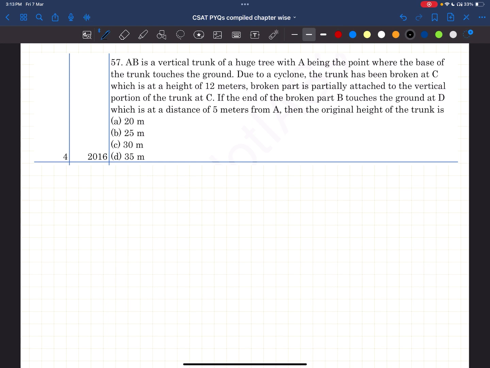Let this be a tree; this is the trunk, and this point is B and this is A. Here it got broken at point C.